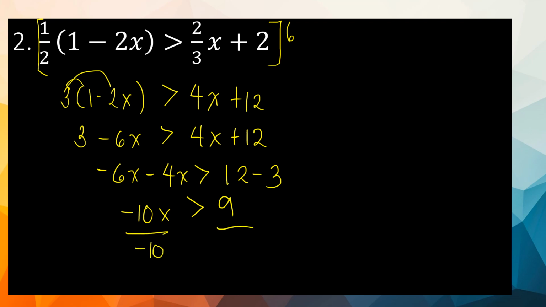Recall that from the given property, if we divide by a negative number, the inequality will reverse. So we cancel out negative 10 here, and we'll be left with x, but from greater than, the inequality symbol should reverse and will become less than. And then negative 9 over 10.